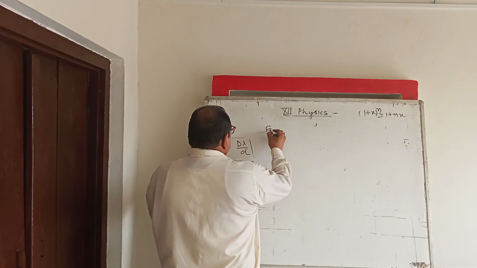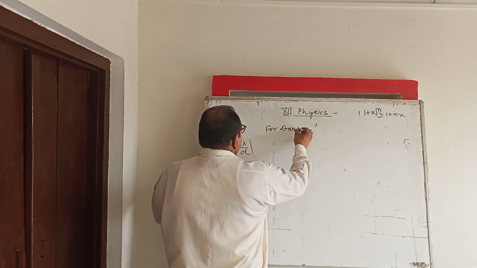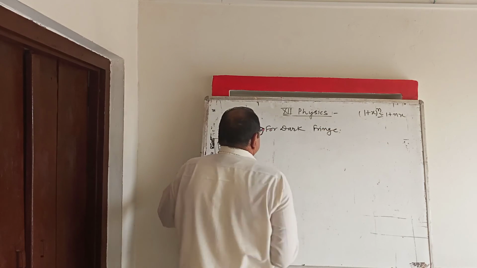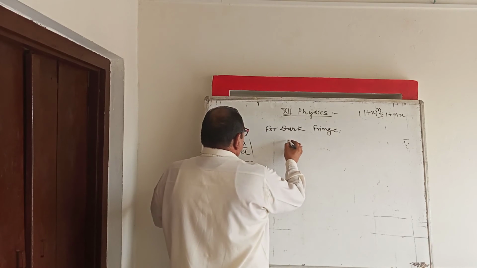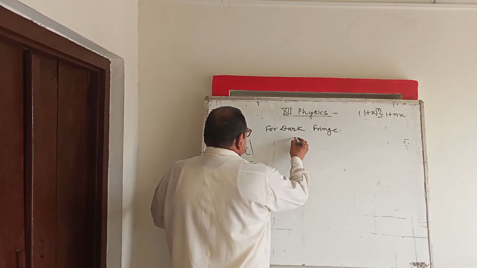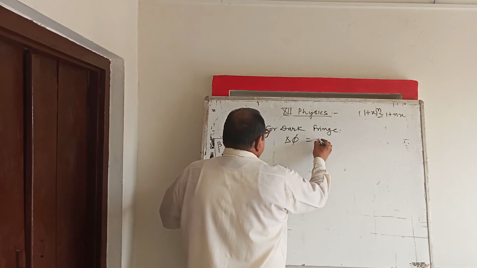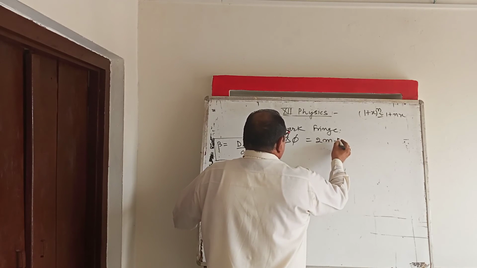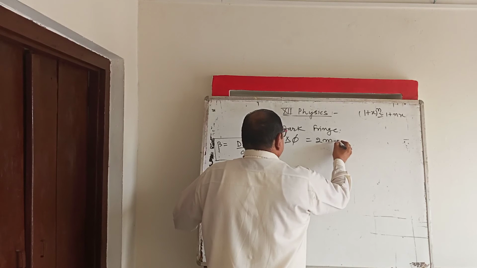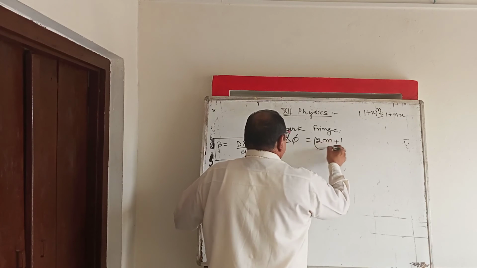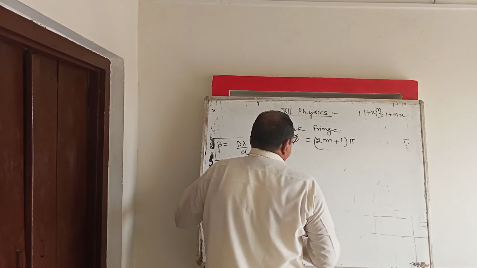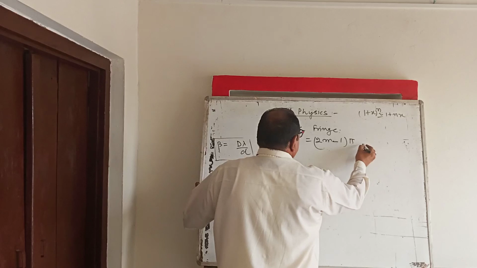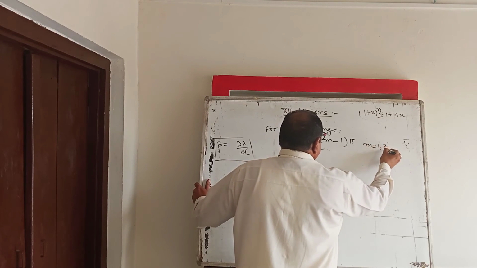For dark fringe, you know the phase difference delta phi should be (2m minus 1) pi, where m takes the values 1, 2, 3, like this.